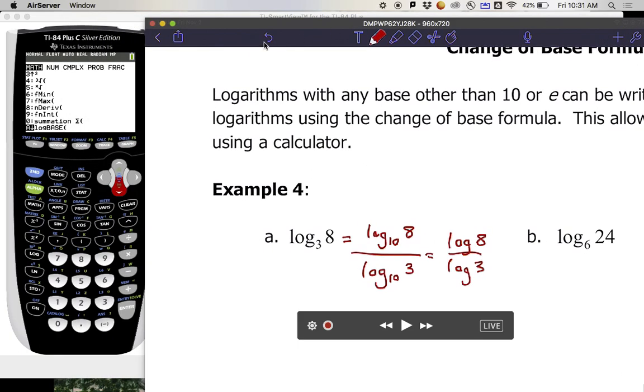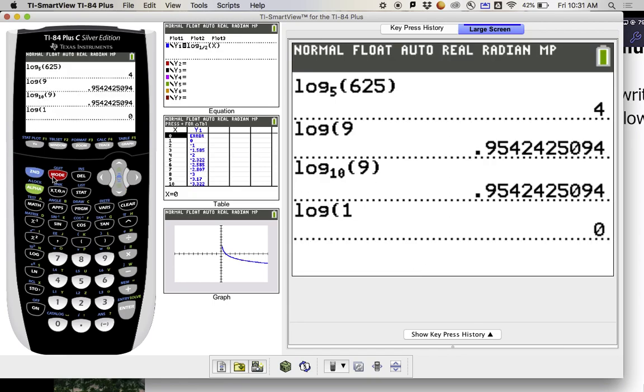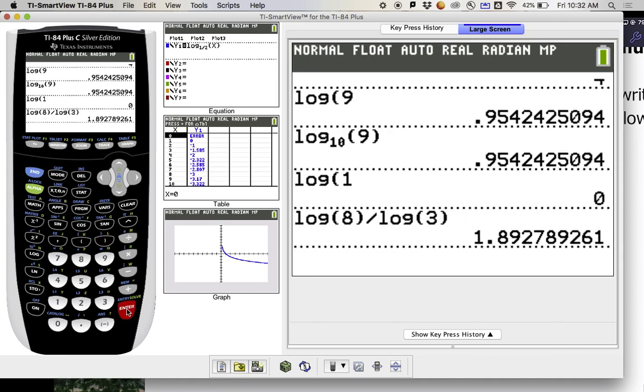So let me show you what I'm talking about. If I wanted to do the change of base property here, all I need to do is log of 8 and then divided by log of 3. And then instead of scrolling through math and then looking for that specific button, you can just quickly get your answer there.